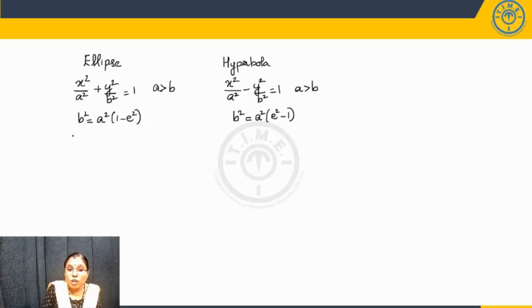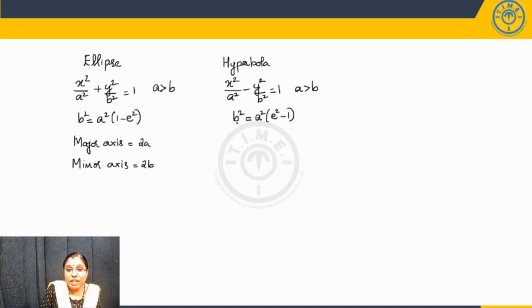Next thing what we want is minor axis and major axis. The length of major axis is 2a, and minor axis, the length is 2b.